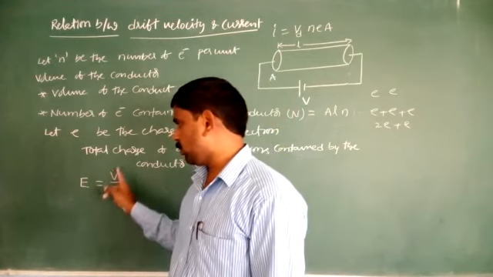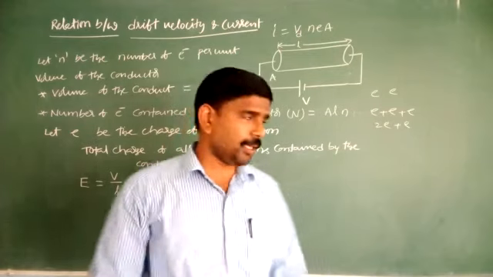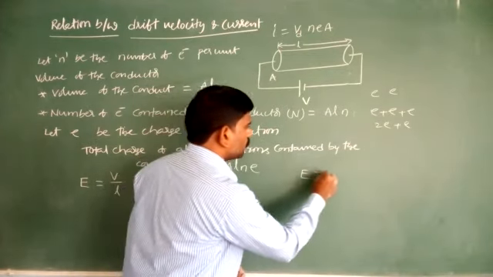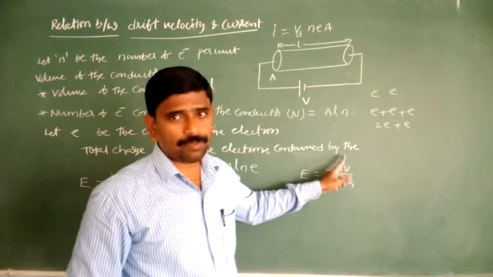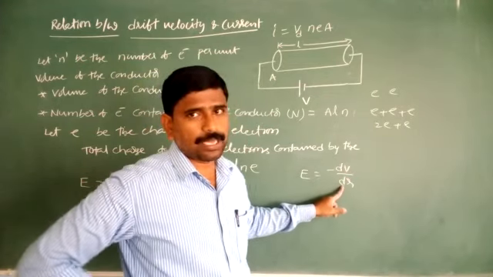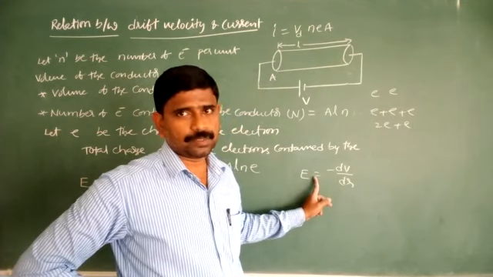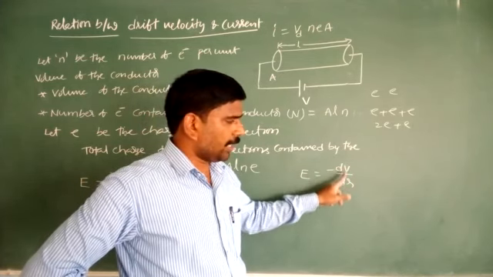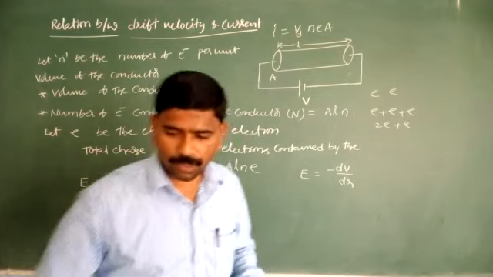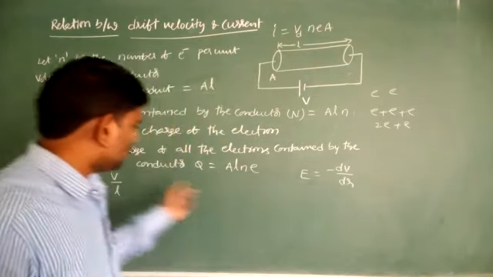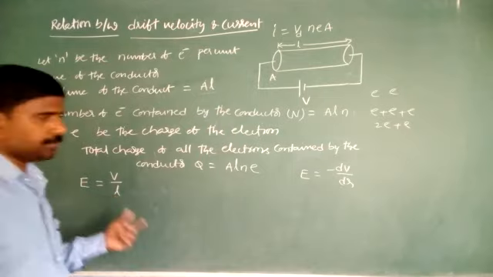Actually E is equal to minus dV by dR. The negative gradient of the electric potential is called electric field intensity. This is the vector notation; this is the scalar notation.